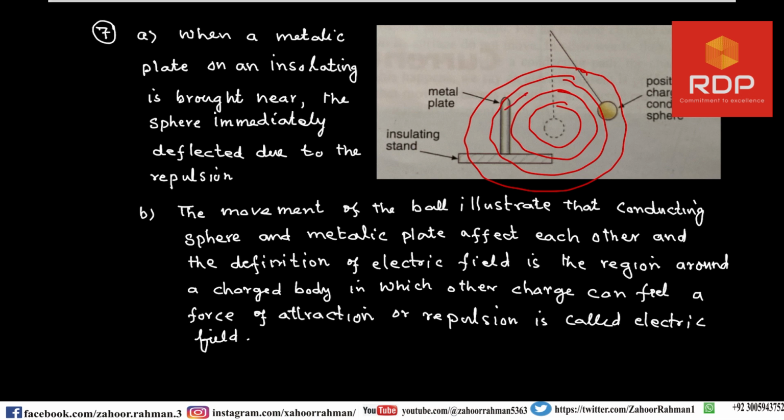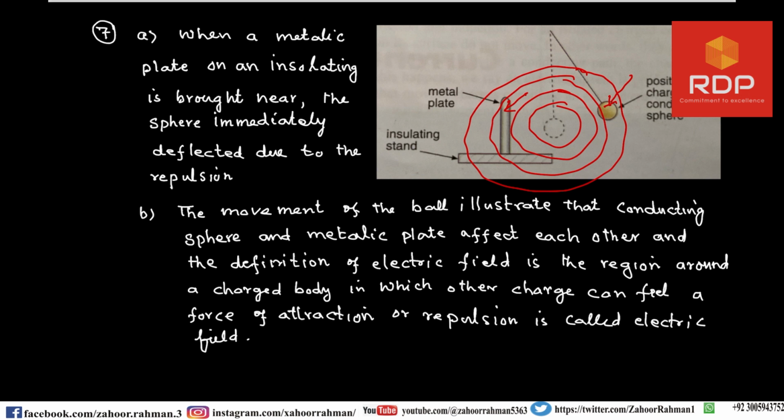When this metal plate is brought inside this electric field, the sphere will feel a force of repulsion on itself, and as a result it will move away. If this metal plate is outside the electric field, the metal sphere will not feel any force on itself and it will be stationary.